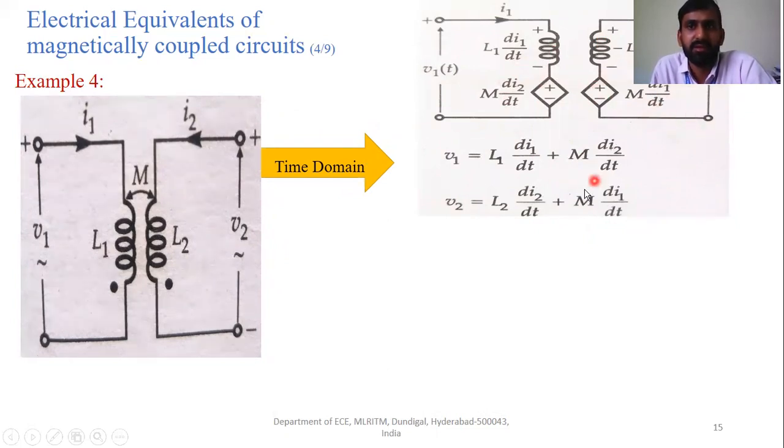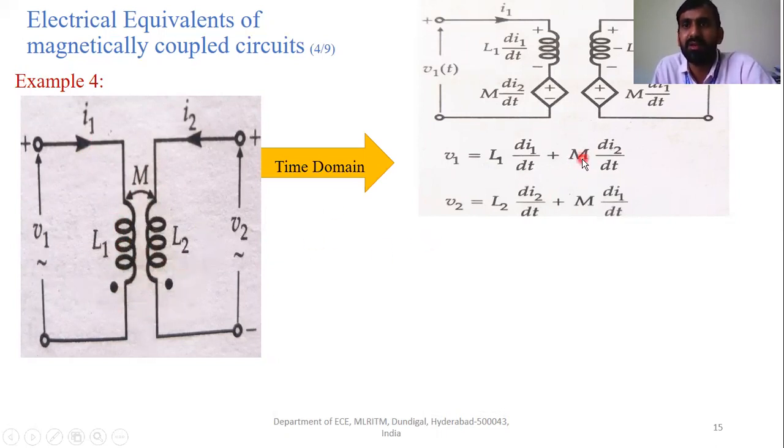Why is it the same here? Because the M term is positive. So plus M di2 by dt, and here also plus M di1 by dt. You have to remember, in the first example, the dot is placed over here and here also, so both the currents are entering through the dot, whereas here the currents are leaving through the dot.